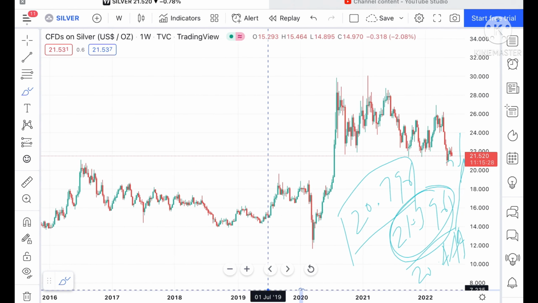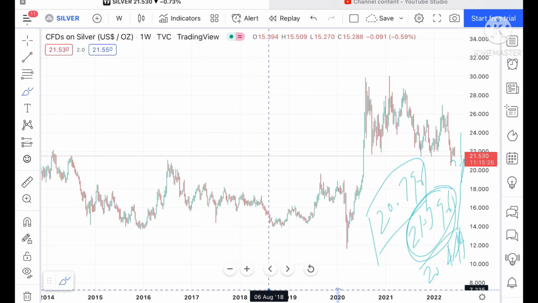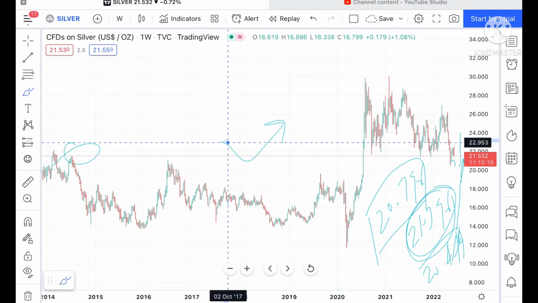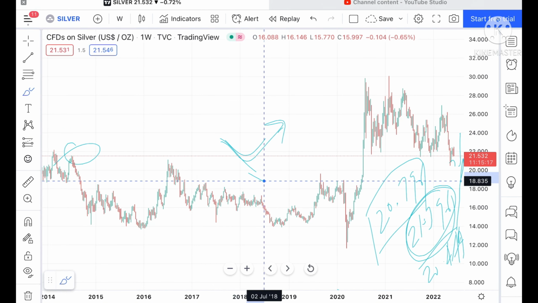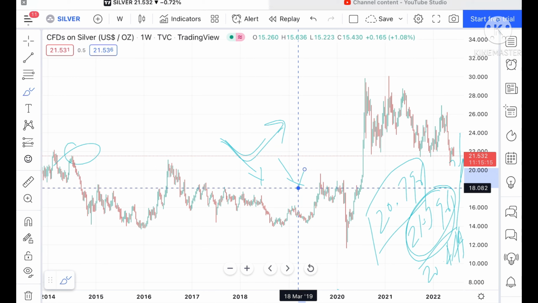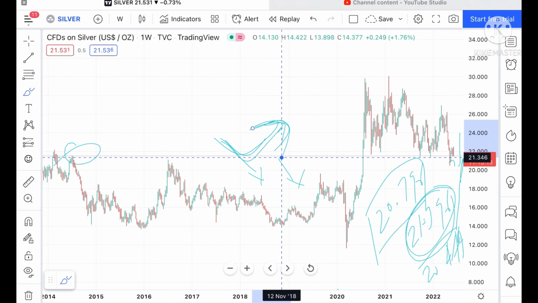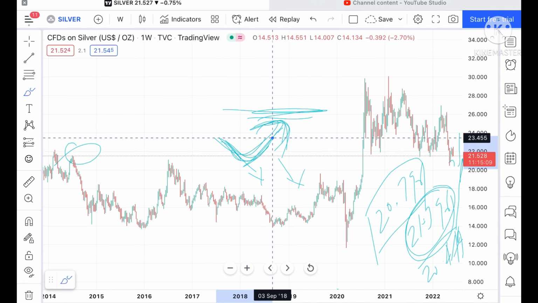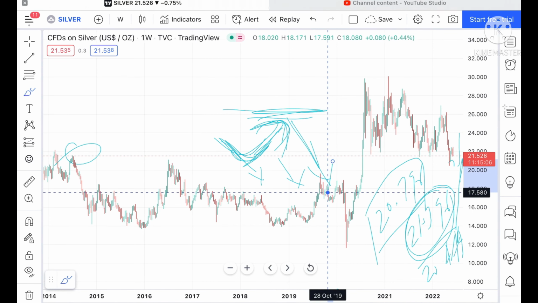If we look at this particular zone, we have seen that this level is already a good support. So we can see a bounce back from this level, or if it goes below this level, then we can see it can move further down. But otherwise we can see a bounce back, but there will be a resistance. Once it touches this level and bounces back, then we can see a further fall will come.